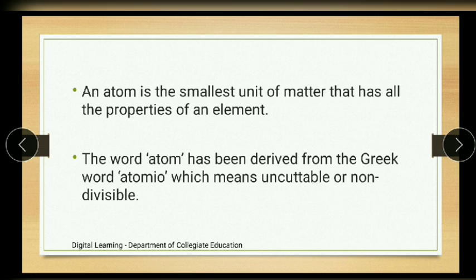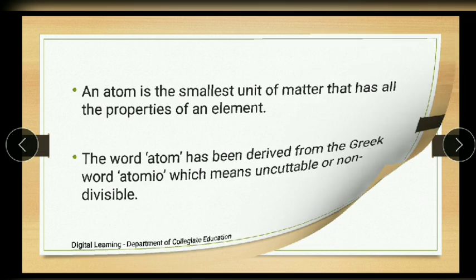But later it was established that atoms can be further divided into subatomic particles, namely electrons, protons, and neutrons. One question may arise in your mind: why do we need to study the structure of the atom?